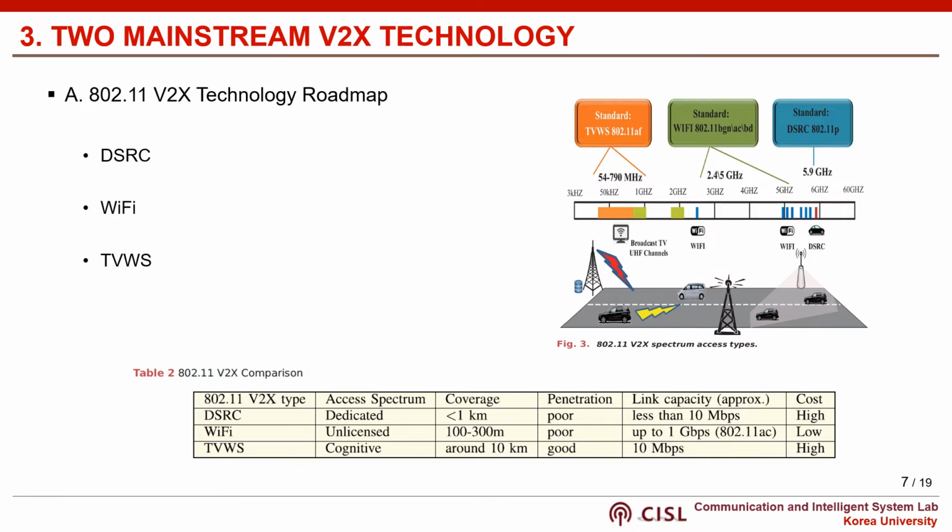The drawback of Wi-Fi is the fast mobility of the vehicle. DSRC and Wi-Fi networks have limited coverage due to high carrier frequency. This leads to TVWS, using an empty TV spectrum to avoid handover and improve the network bandwidth.